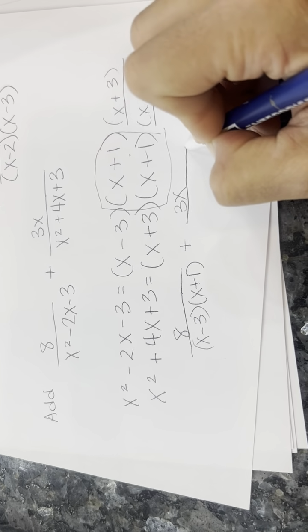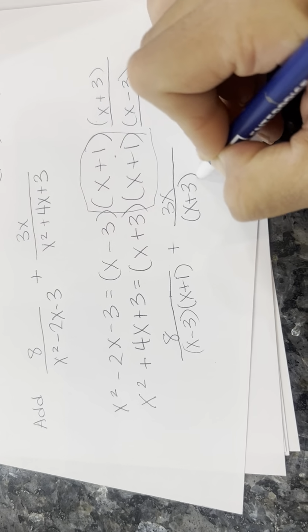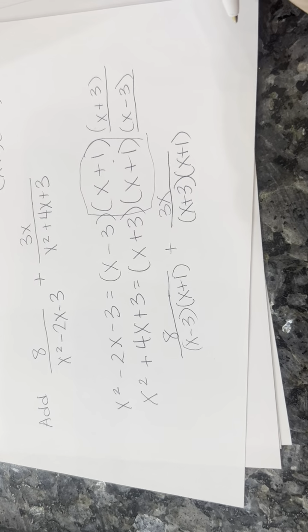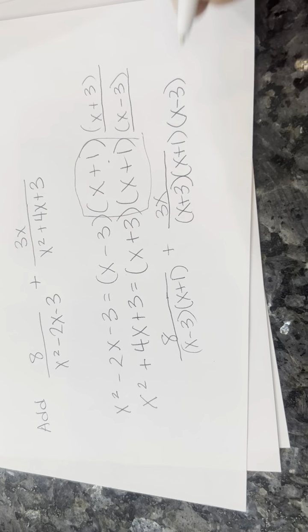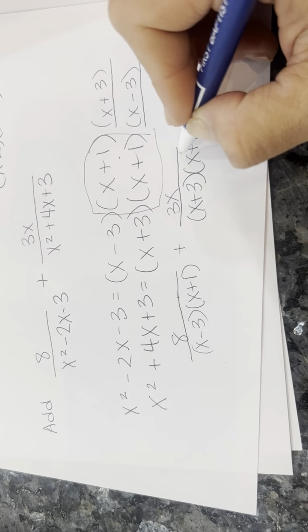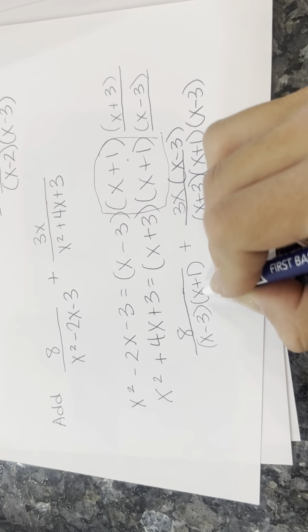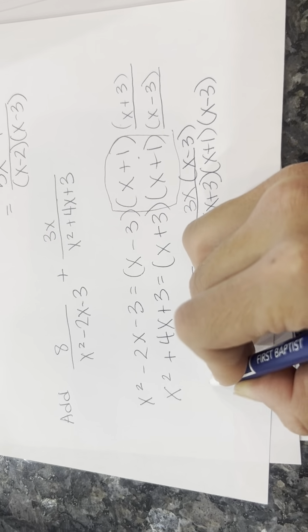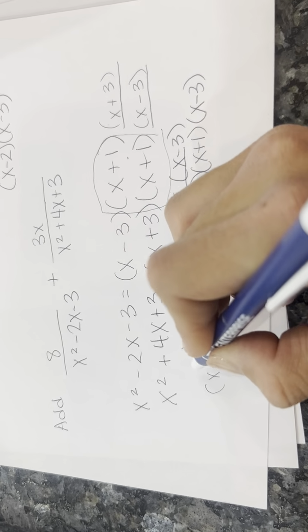And then 3x is going to be over that x plus 3 times x plus 1. And we are missing then the x minus 3. So I have to multiply this fraction, top and bottom, by that x minus 3. And then over here, I am missing the x plus 3. So I will multiply the numerator and denominator by that.